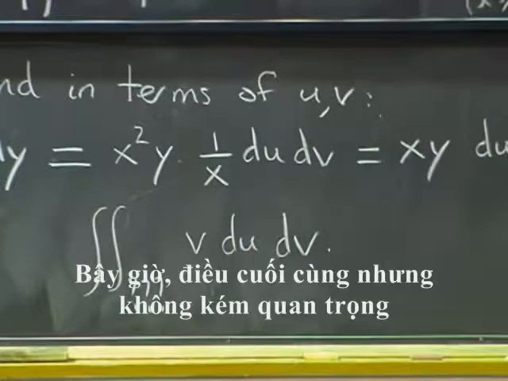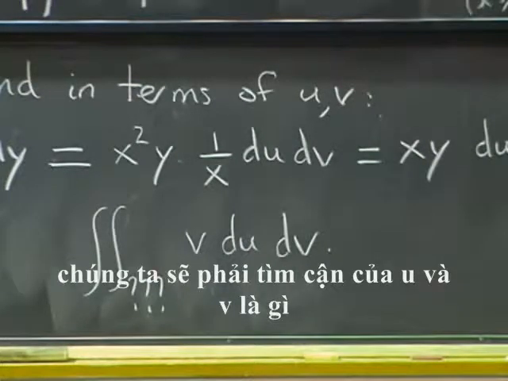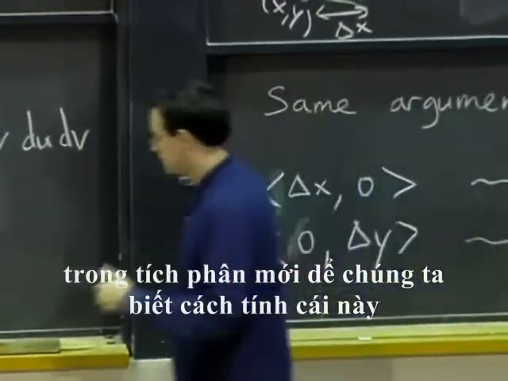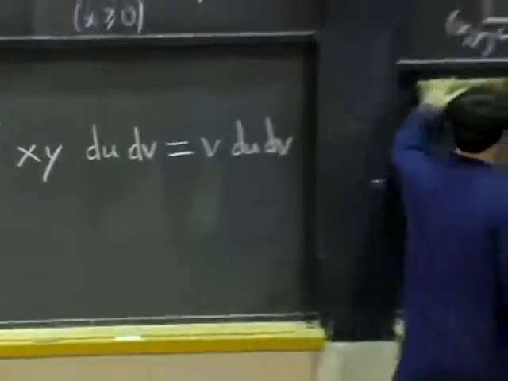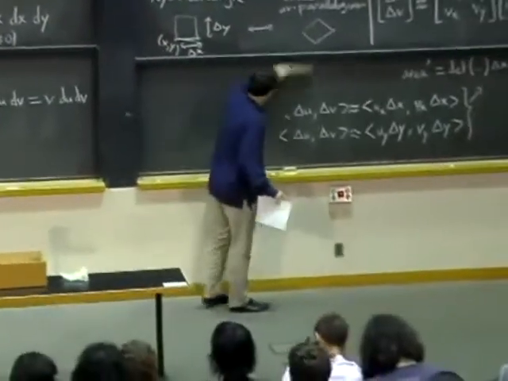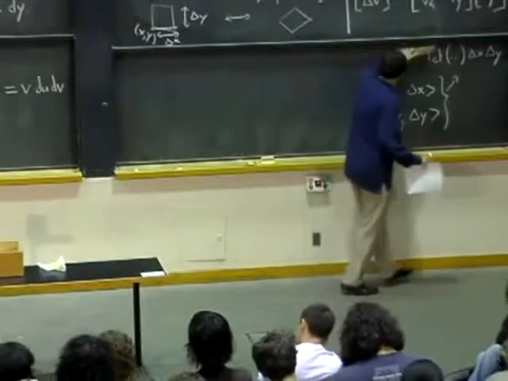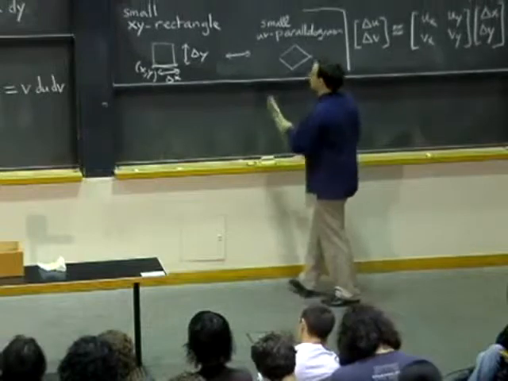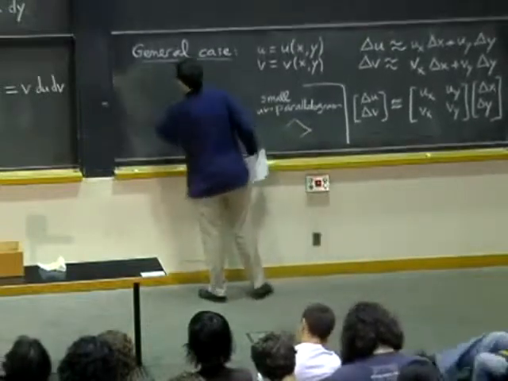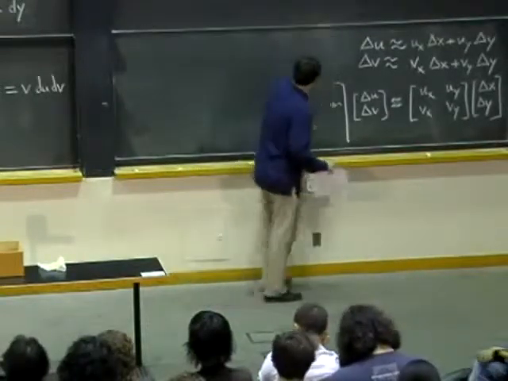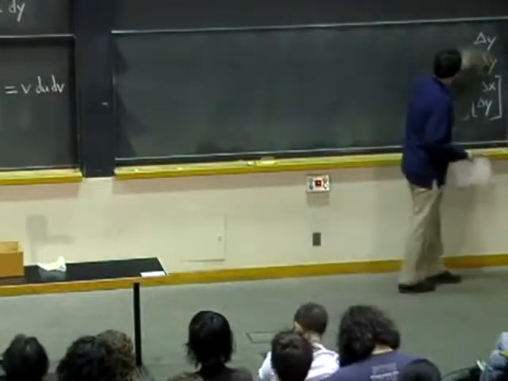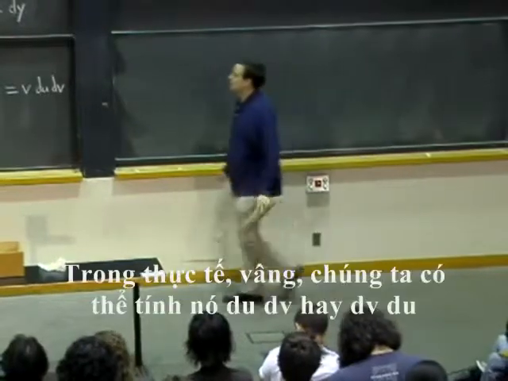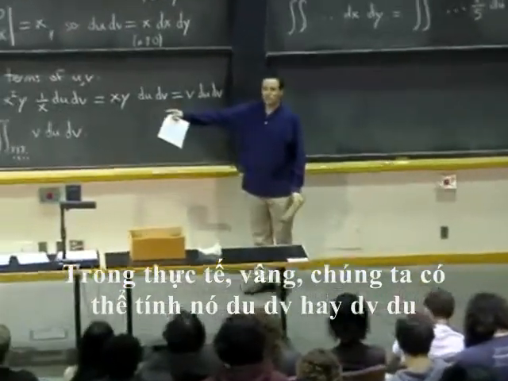Okay. Now, last but not least, we'll have to find what are the bounds for u and v in the new integral, so that we know how to evaluate this. In fact, we could do it du dv or dv du.